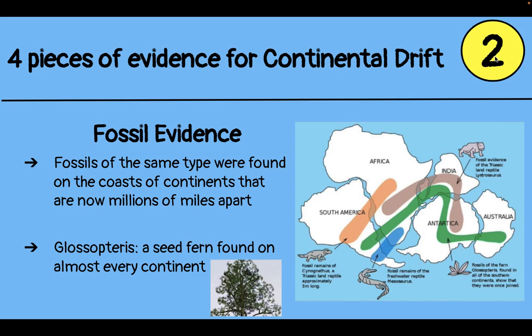The second piece of evidence was fossils. We already talked a little bit about fossils, actually not a little bit, a lot. And the evidence with fossils is that they were found on the coasts of continents that are now a million miles apart. So if you look at South America, they found fossil remains of the Cynognathus, which is a reptile that was about 3 meters long, pretty big, in both South America and Africa.